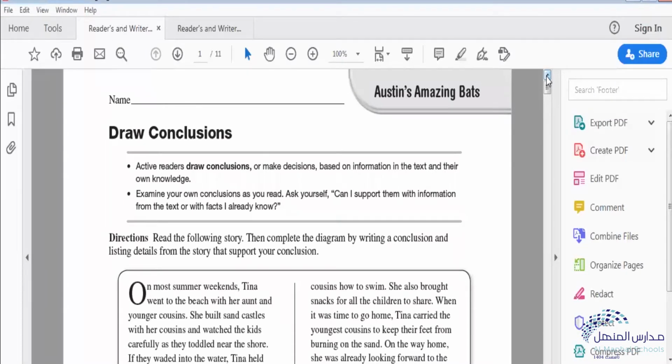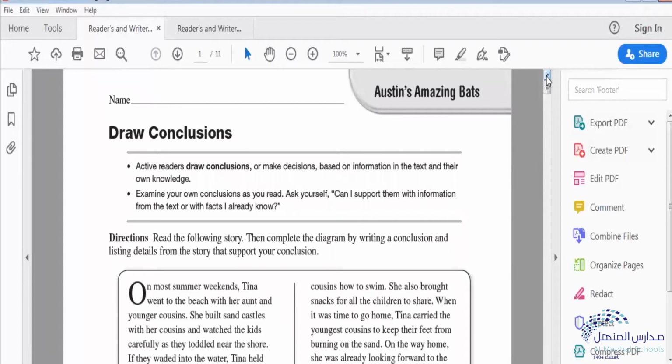People who read and concentrate on what they read. There are some people who read but don't concentrate; they are not active readers. But the active readers who read to gain something from what they read, at the end of their reading, they make decisions. They make decisions based on the information in the text and their own knowledge.